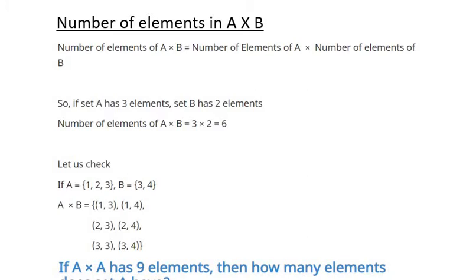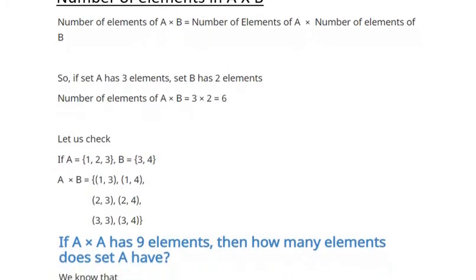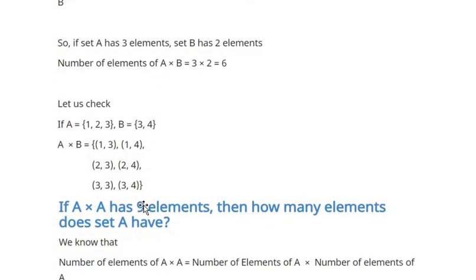Now, I have one question for you: if A cross A has 9 elements, then how many elements does set A have? Now we know that the number of elements in A cross A is equal to the number of elements in A multiplied by the number of elements in A, that is, n(A) squared is equal to 9. And we know that the number of elements will always be a natural number.